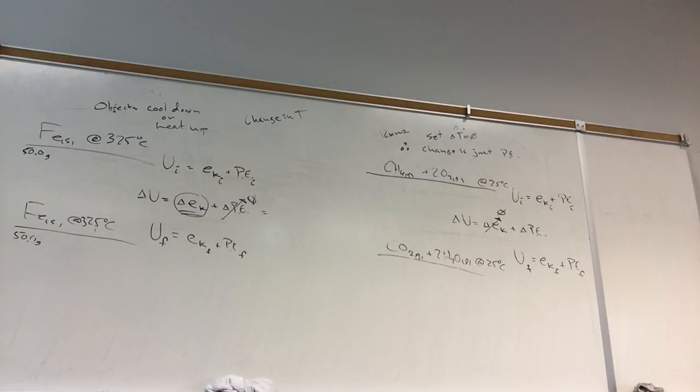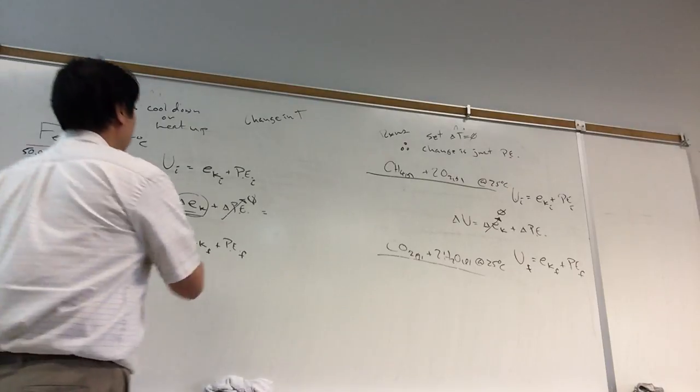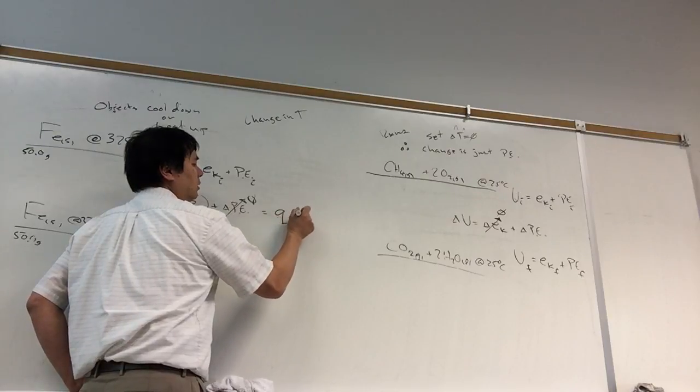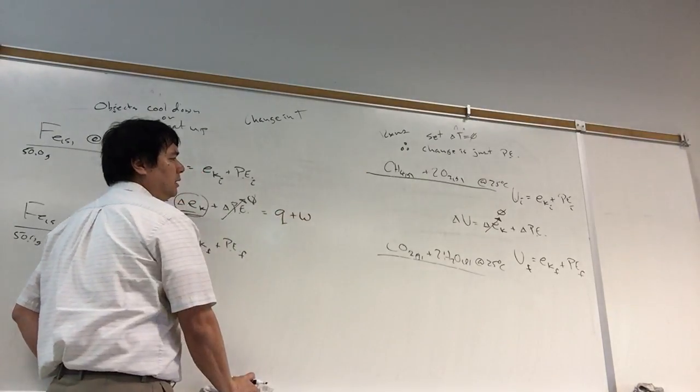The energy is going to be exchanged in terms of heat and work. And so delta U is going to equal Q plus W, the heat and the work.